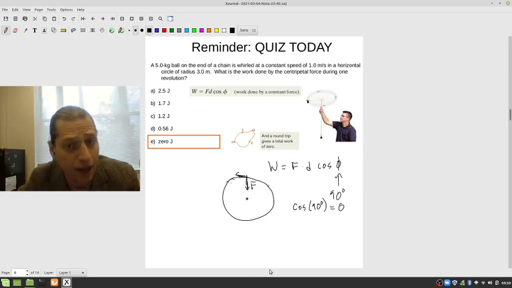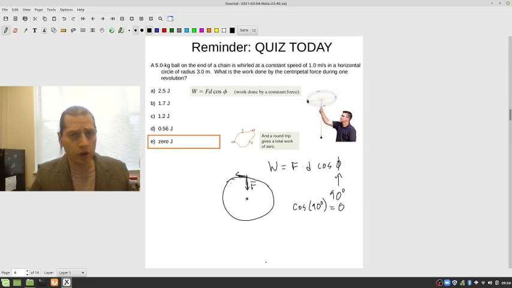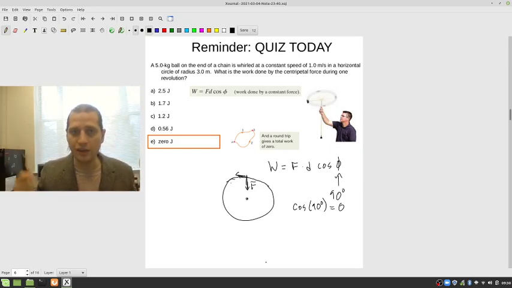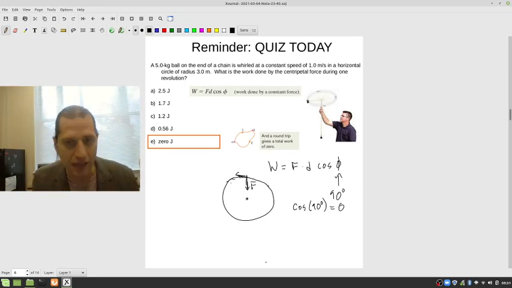Another way to see it is that work is the amount of energy that's put in to change the speed of the object. If your object is just going around at a constant speed, it's not changing its kinetic energy. It has the same amount of kinetic energy at the beginning of the story as the end of the story. So no change in speed means no work has been done.